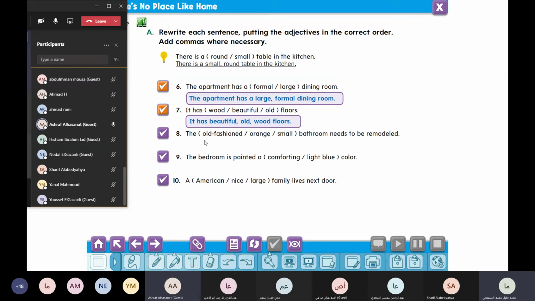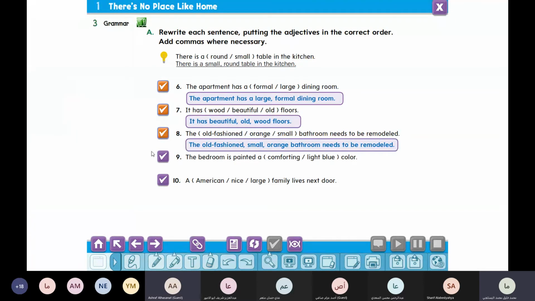The old-fashioned small orange. Okay, small represents what? Size. Then orange represents a color. So old-fashioned represents what? An opinion. It will become: the old-fashioned small orange bathroom needs to be remodeled. Good. Number 9.